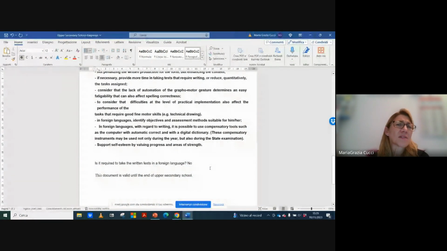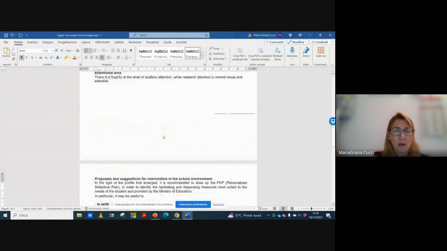We have some suggestions. Of course, the clinician, the psychologist, underlined that it is very important to support self-esteem, to give the student the idea of the achievement of upper levels, starting from the initial point.